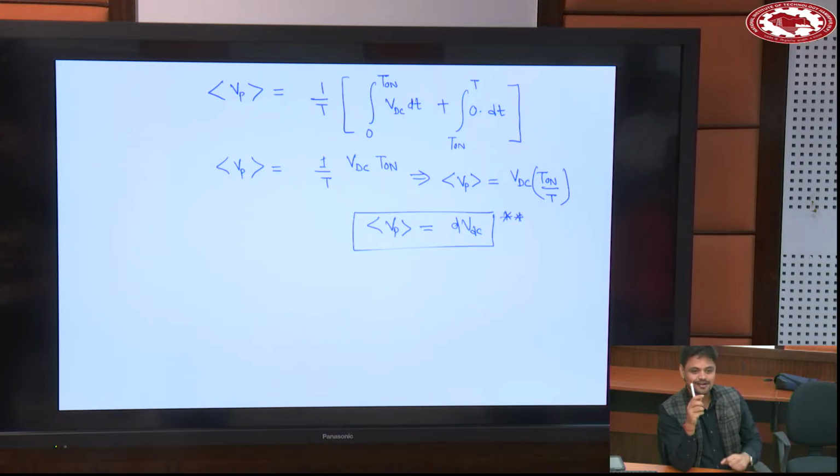So when I asked what is the average value of pole voltage, you said VDC by 2. It is correct, but for D equal to 1 by 2. It can have any value depending on D. D is a variable which can have any value between 0 and 1.